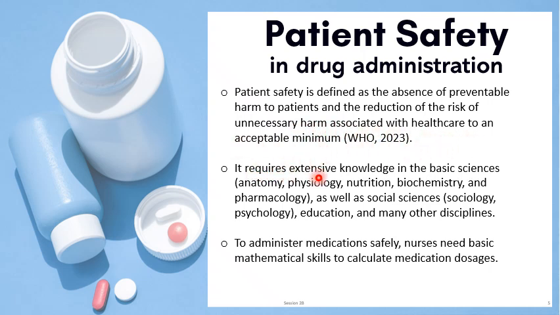And it requires extensive knowledge in the basic sciences such as anatomy, physiology, nutrition, biochemistry, and pharmacology, as well as social sciences such as sociology and psychology, and education as well, and other disciplines that are necessary for drug administration. So to administer medication safely, the nurse needs basic mathematical skill because we need to calculate the dosage of the medications that we are going to give.